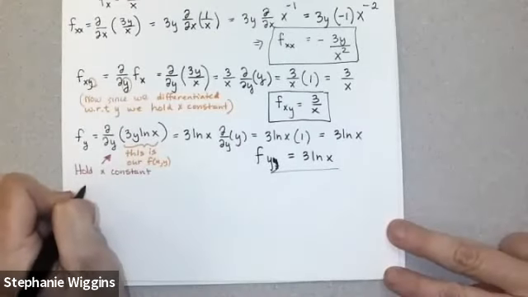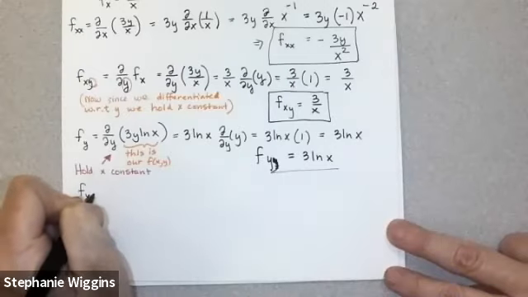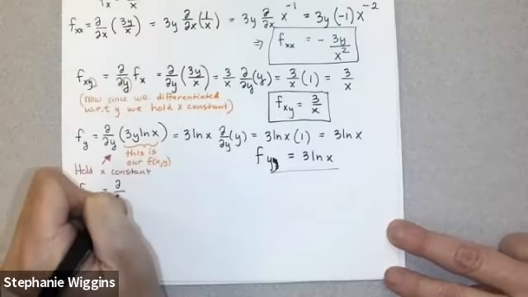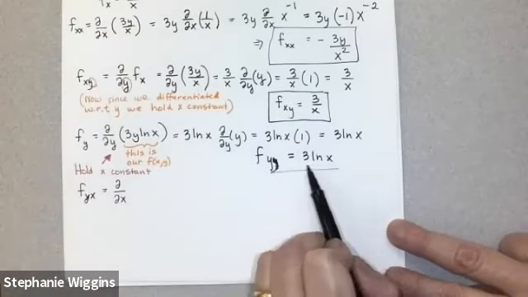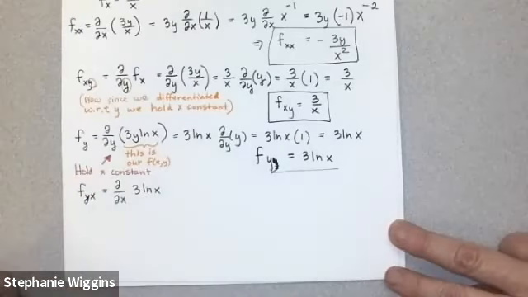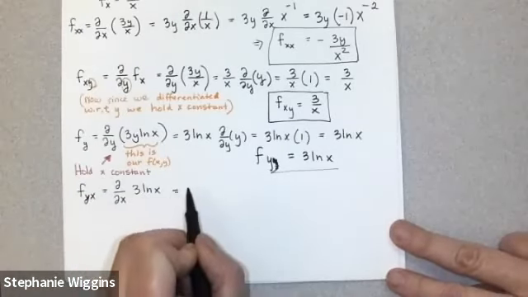So I'm going to start with fyx, which is the derivative with respect to x of this. Now, since 3 is constant, I can pull that out.